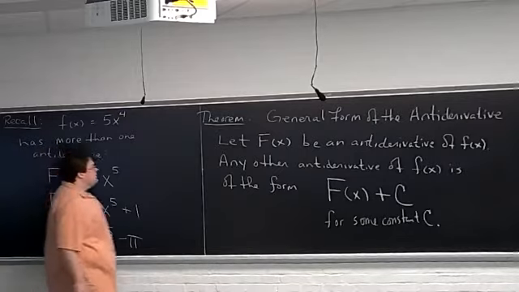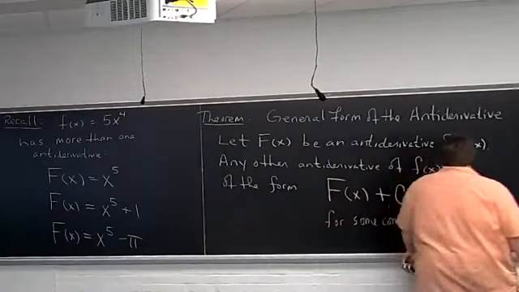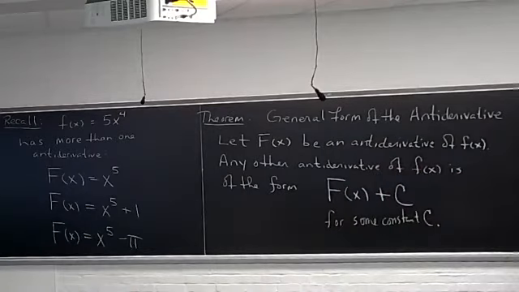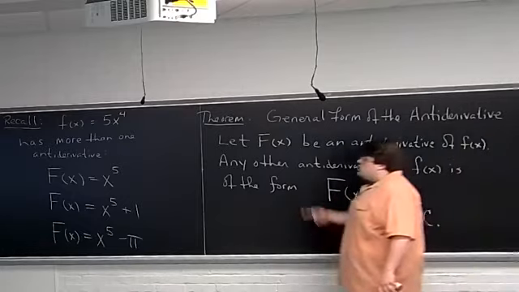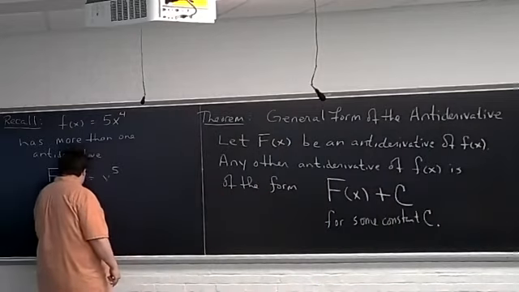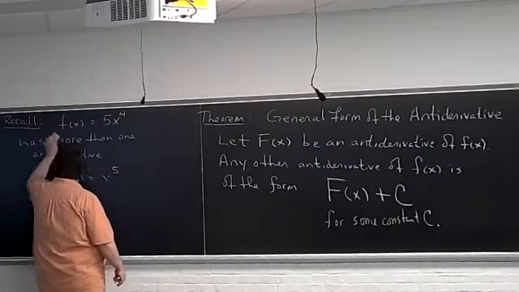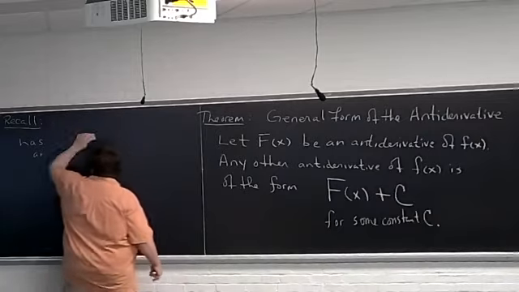Now, the general form of the antiderivative, notice this gives a family of functions. It gives all of these capital F, but they differ by a constant. Now, this constant can be anything. So, in general, the set of antiderivatives, well, it is a set of functions which differ by a constant.